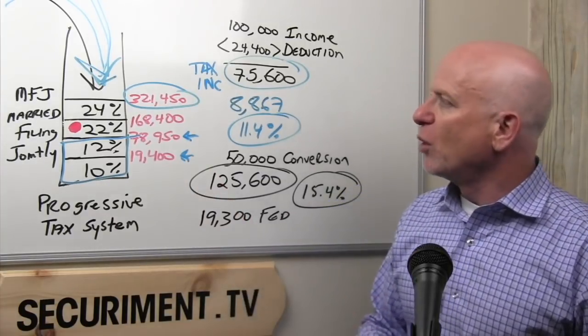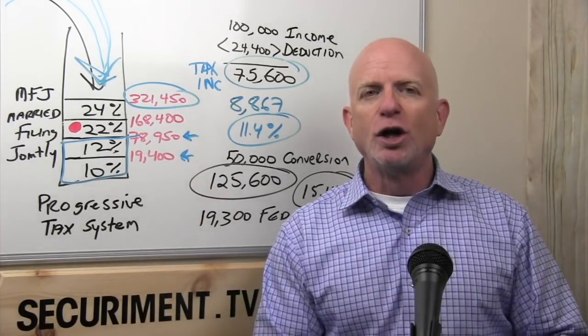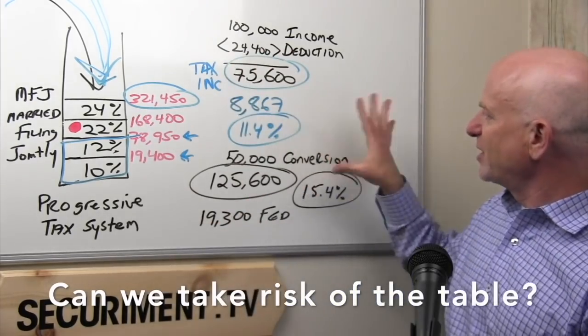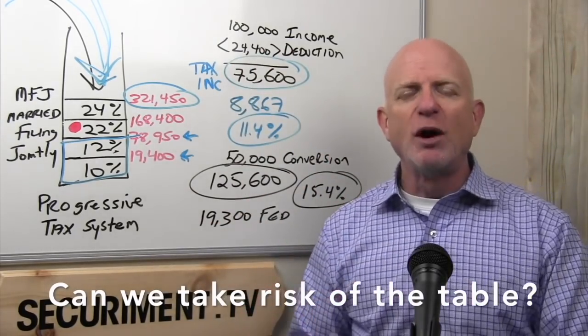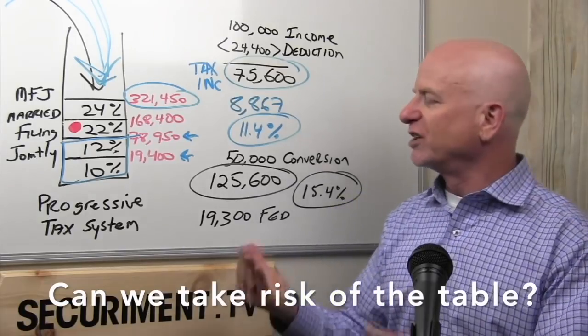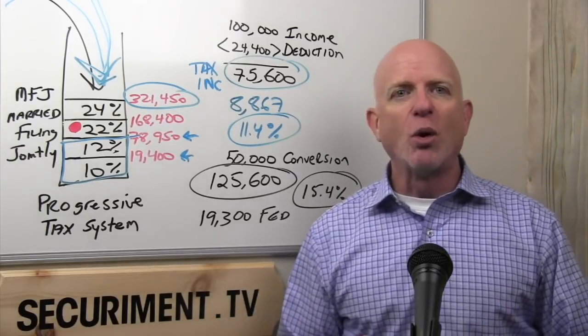And we also know that the whole deduction picture changes a little bit. The secure way is operating from a position of strength, and it's looking at something like this and saying, is it possible that we can take some risk off the table and feel better in retirement because we've accelerated some of the tax?